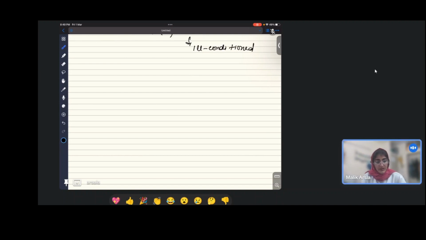Now one more question is there. Q is equal to the matrix 1, 1; 1 plus u1, 1 minus u1, and D is equal to 2 and 2 plus u2.